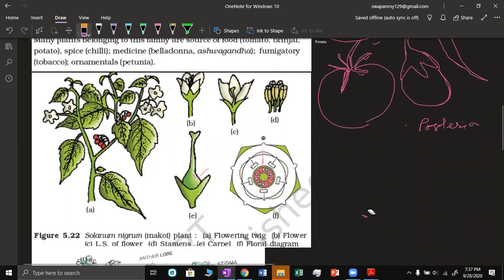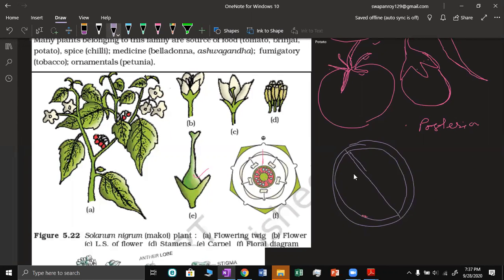Otherwise, say this is the section of the ovary, and this is the 2 partition, so that ovary has 2 chambers. And the placental tissue, which is present at the center, forms a swelling.